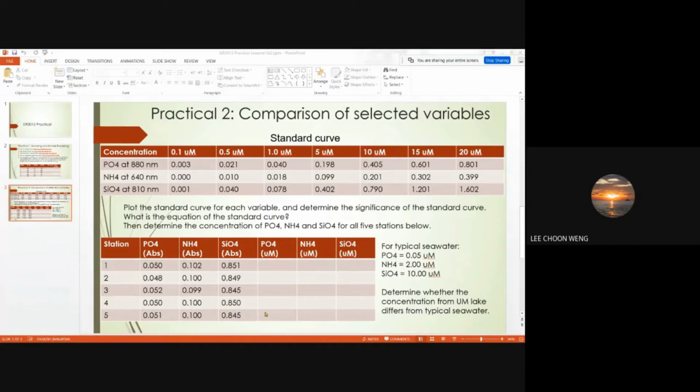All these 5 measurements here, you test against the criteria to determine whether it's within or outside the standard. So this is quite straightforward.